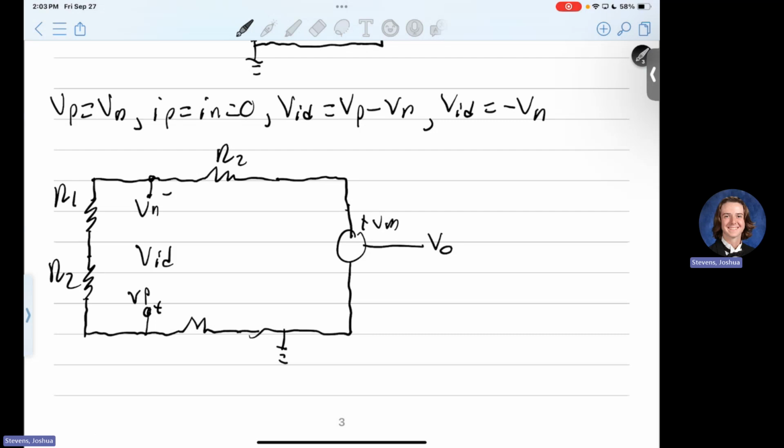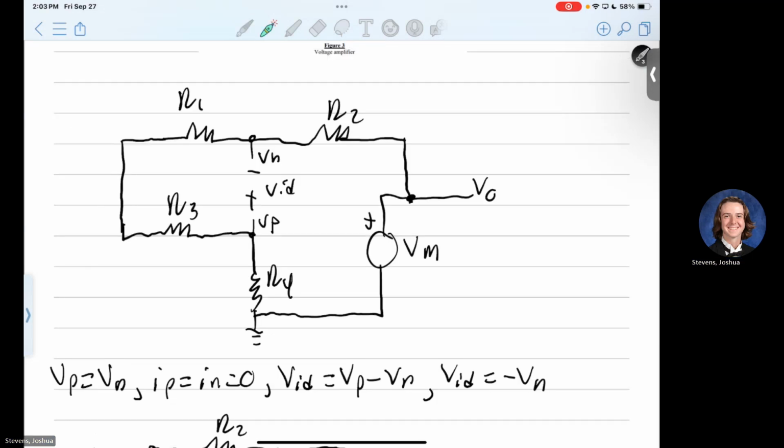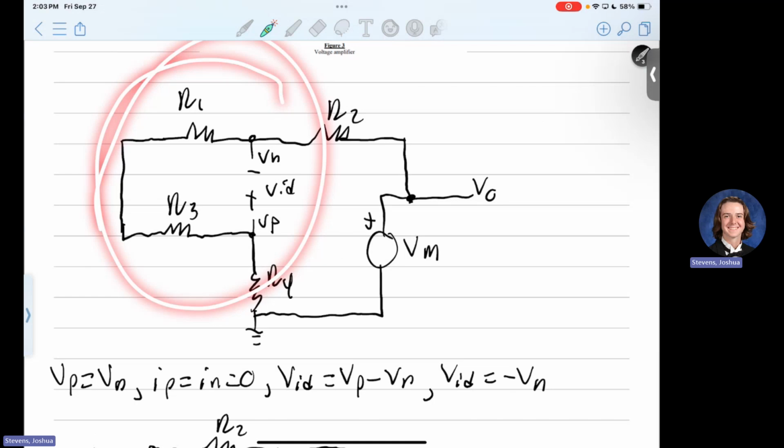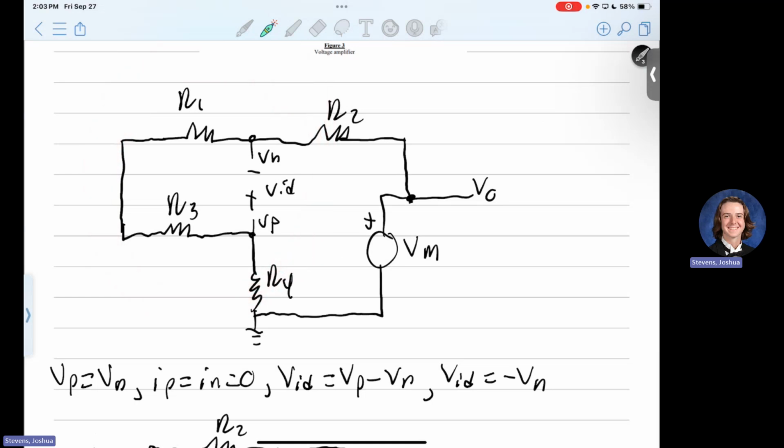Okay. Reason I did that. What would you say R1 and R3 are in? Series, parallel, series? Cool. Did you know that because I wrote it or because you got it? Yes, I got you. So those are in series. There's a node here that VP is attached to. On the left half, it's attached to R3, and in the right half, it's attached to R4. Same thing with VN, where on the left half, it's R1, right half, it's R2.